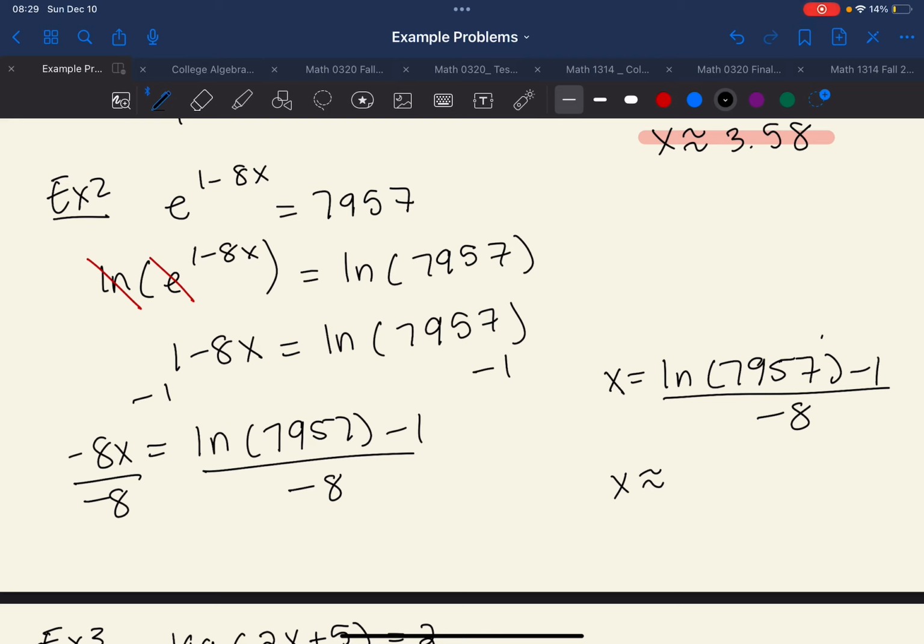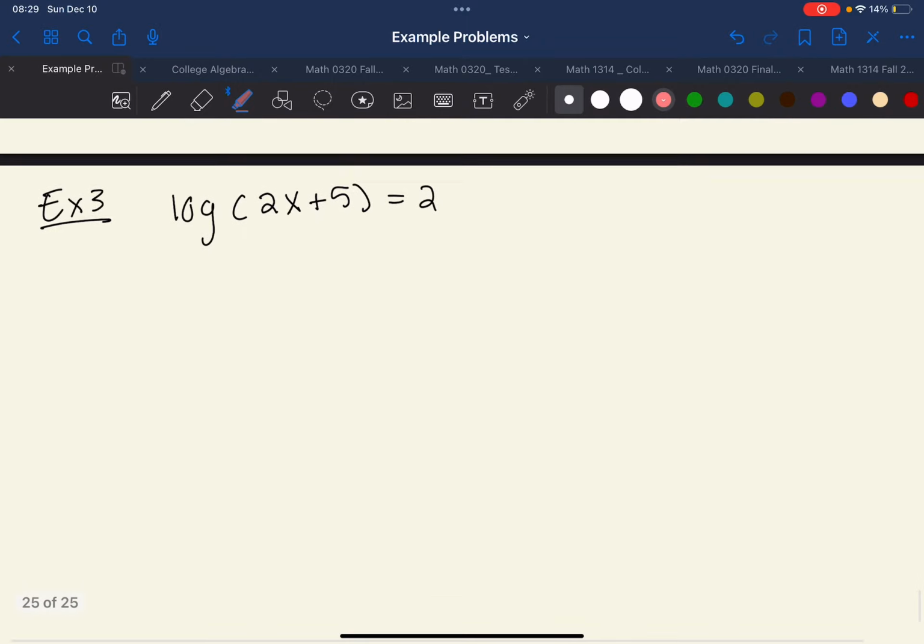So let's see, 7,957, take the natural log, subtract 1, divide by negative 8. So I get approximately negative 0.998. So again, these are both the answers. One's in decimal form and one is leaving it in exact form with the natural log.